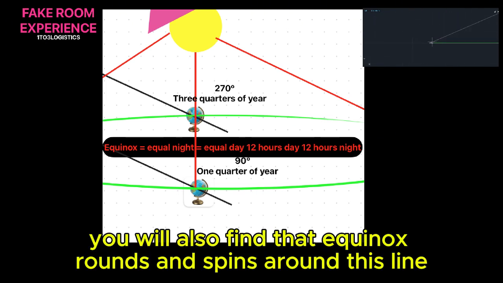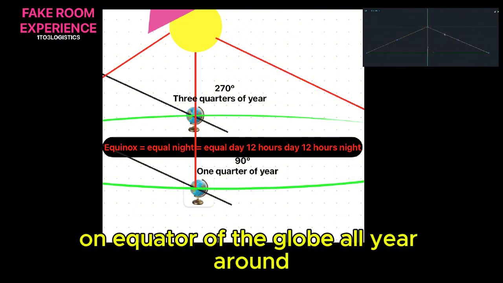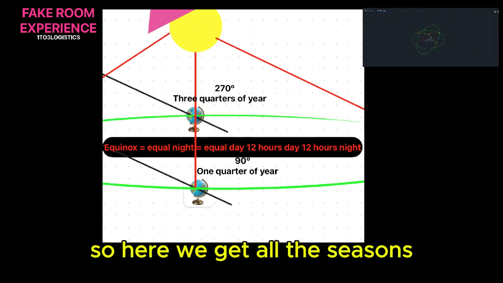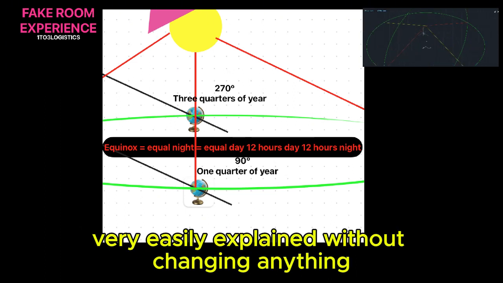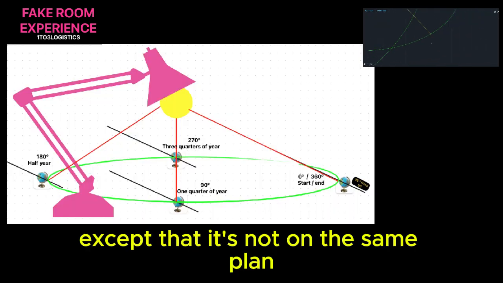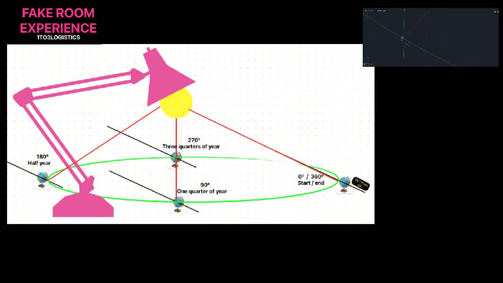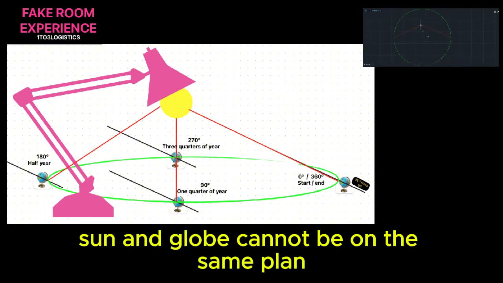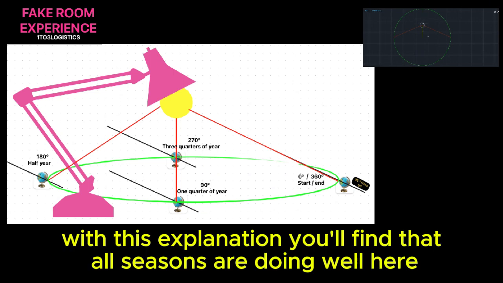You will also find that the equinox runs around the equator line of the globe all year round. So here we get all the seasons very easily explained without changing anything except that the sun and globe cannot be on the same plane. With this explanation, you find that all seasons work well here.